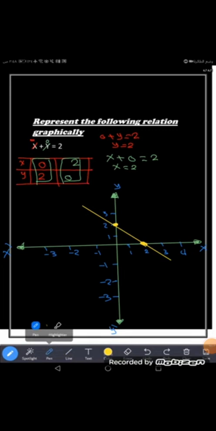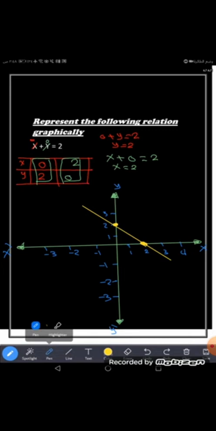Another example, this is for the lesson graphing the equation. Represent the following relation graphically. I have here x plus y equal 2. As I told you before, I have to put x equal any numbers I want, choose.